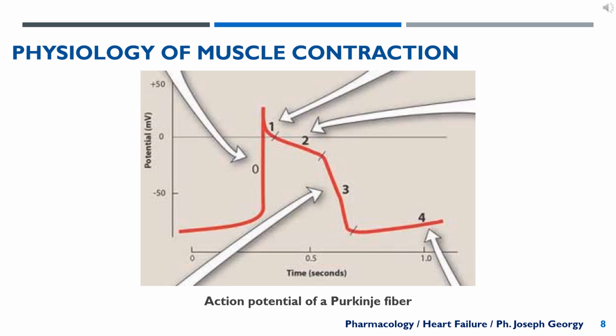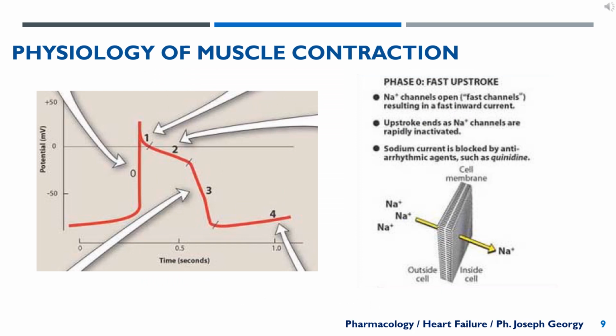The second thing, within this 1 second, we have changes in the potential in a range from minus 50 to plus 50 millivolts. We also have 5 major phases: phase 0, phase 1, phase 2, phase 3, and phase 4, as we see here.